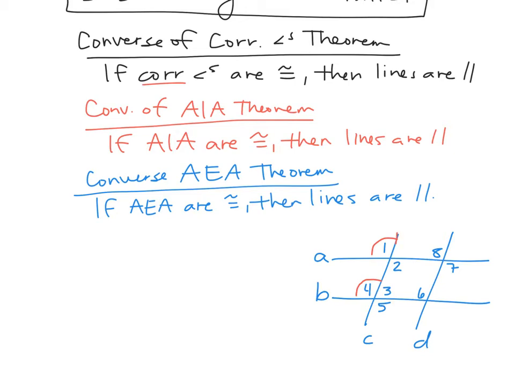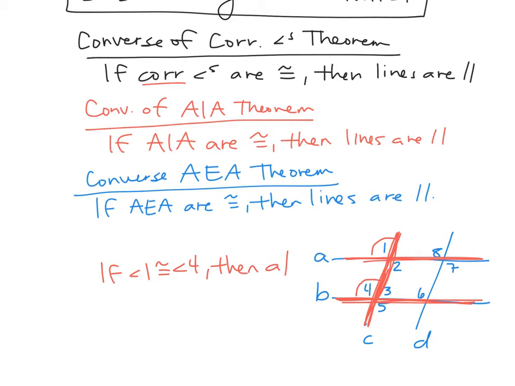Because angle 1 is here, angle 4 is here. So your parallel lines would be these 2. Your transversal, this one. So I would say if angle 1 is congruent to angle 4, which it is, then we know that A is parallel to B.